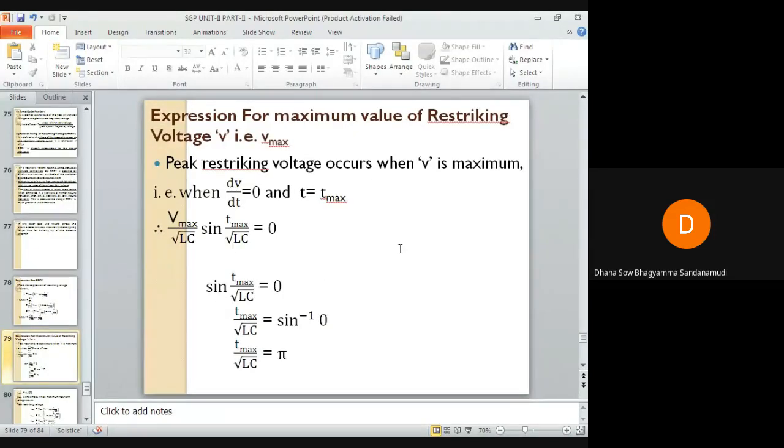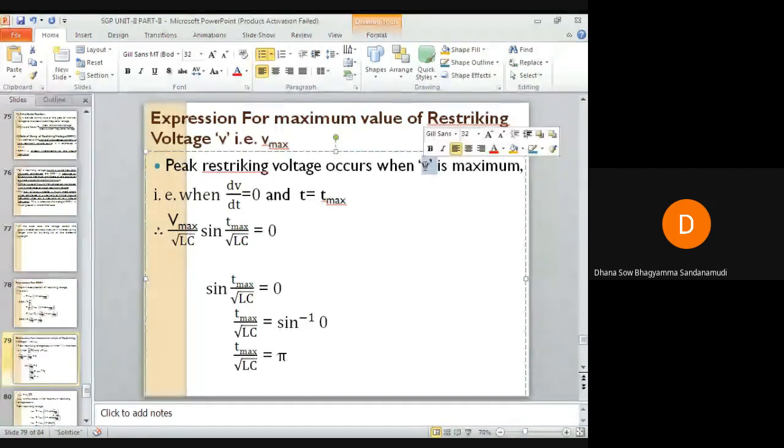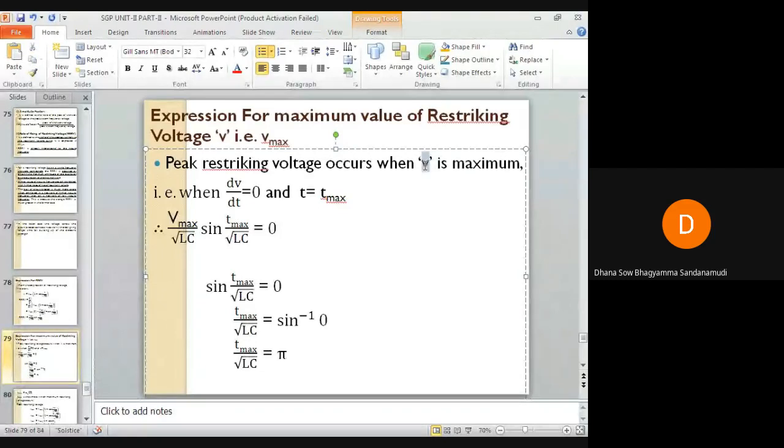Now let us see the maximum value of restriking voltage. You already know the expression for restriking voltage. If I want to determine the maximum value of any term, I must differentiate it with respect to time, equate it to 0, and assume t equal to t max.